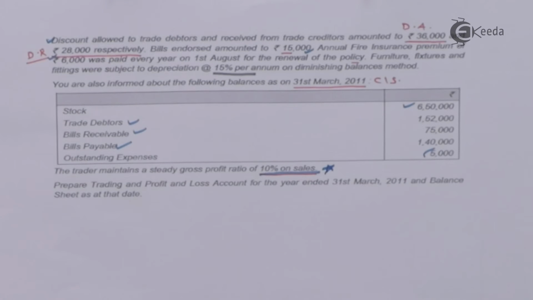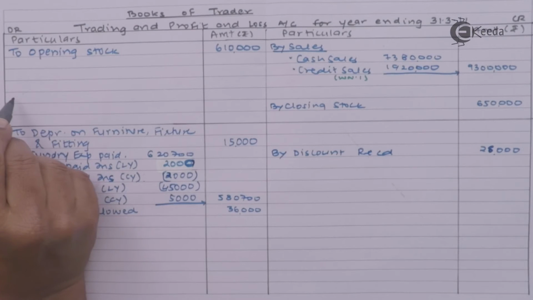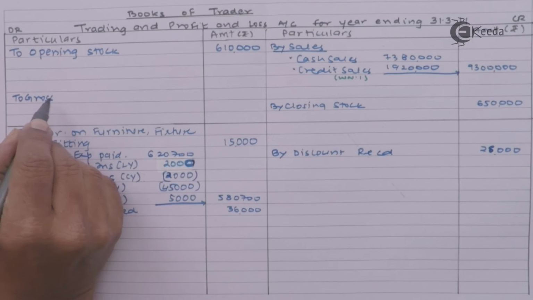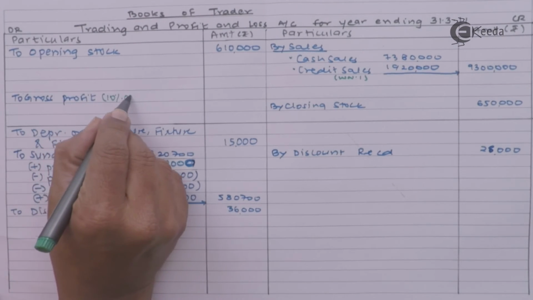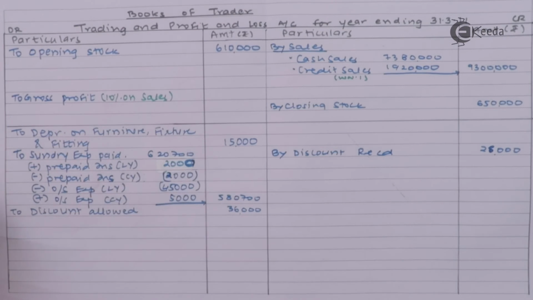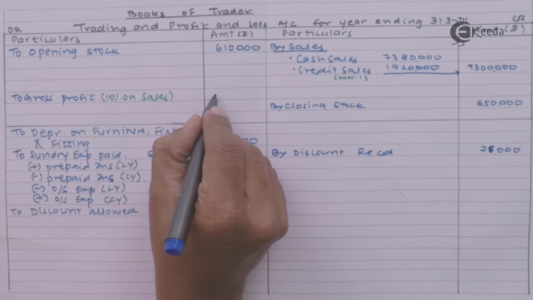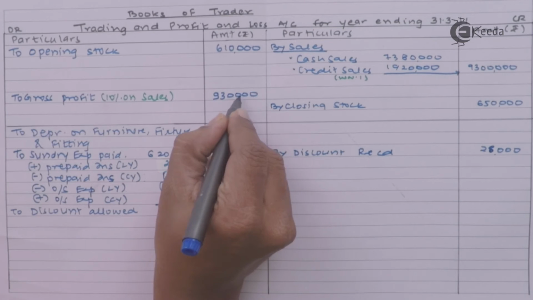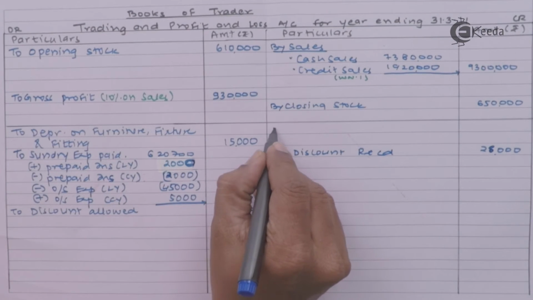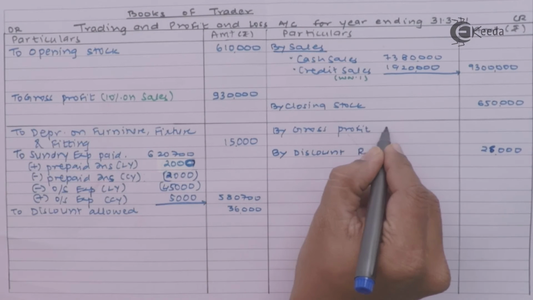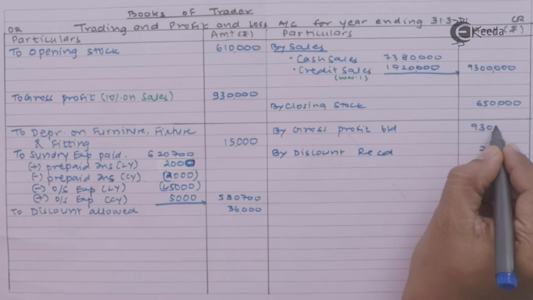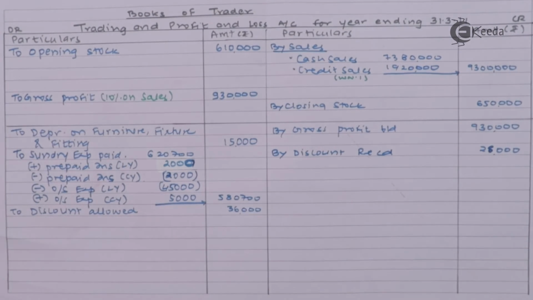Let's come to my trading account again. 10% on 93 lakh comes to 9,30,000. And this GP I am also noting here as gross profit brought down. I got the things.